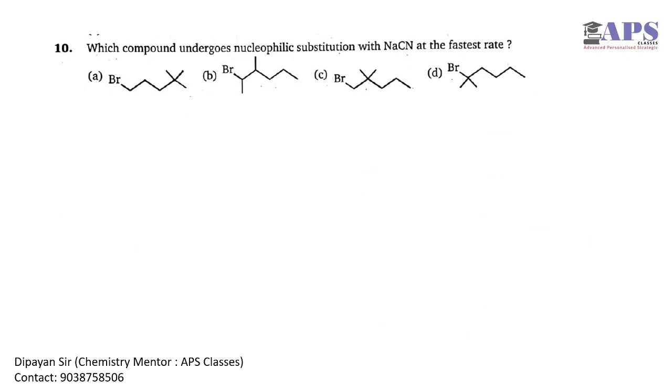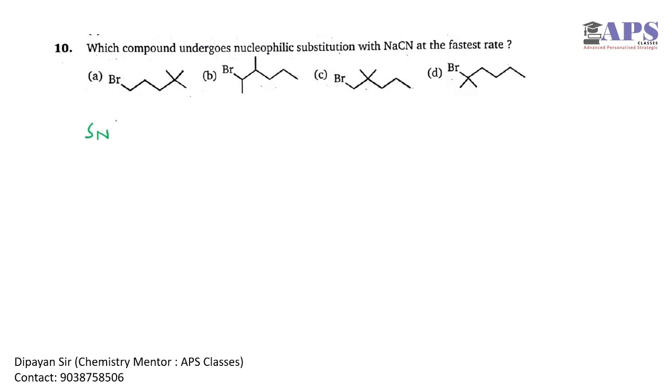So last question in this video is question number 10. Which compound undergoes nucleophilic substitution with NaCN at the fastest rate? So here we can have some sort of confusion about what the substitution type should be.